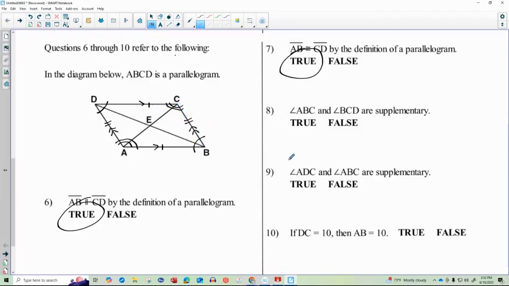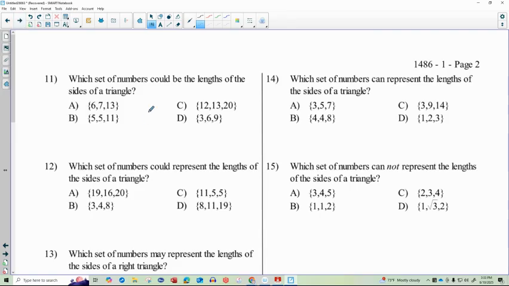And then here we got angle ADC and angle ABC. Those are opposite angles. Those are not supplementary. Those are equal. All right? So know your parallelogram facts. I'm not going to do all these for you, but let's see. Oh, wait, I got to get up here. All right, here we go.